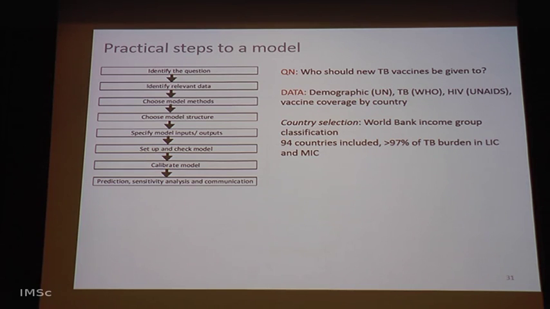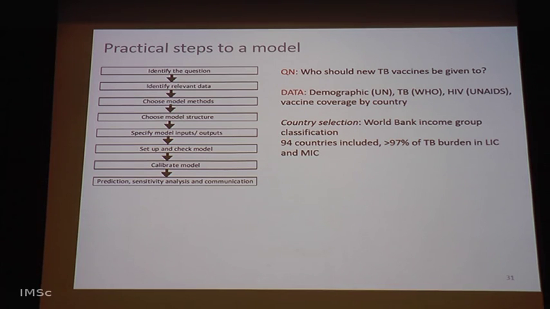And then we also had, maybe this was Gavi, vaccine coverage by country. So for example, how many infants are currently vaccinated in the DCP3 strategy. And then we included 94 countries, so 97% of the TB burden in low and middle income countries was included in this analysis.